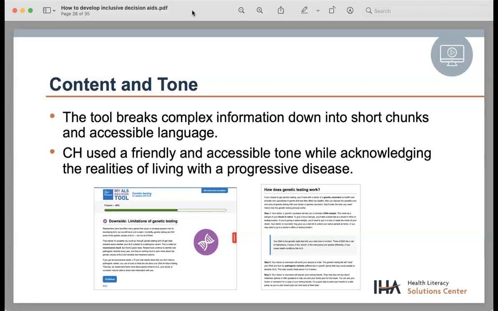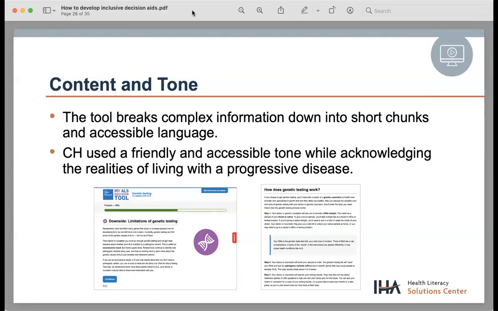And the Les Turner ALS Foundation wants to encourage people to look into genetic testing and consider pursuing it because it's something that can be helpful for many people living with ALS. But at the same time, we don't want people to go into genetic testing with an expectation that they're going to get a black and white answer, that everyone's going to get a very specific answer about the reason they developed ALS and what they can do, or a treatment option that's relevant to their particular situation.